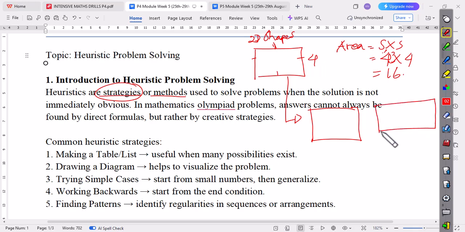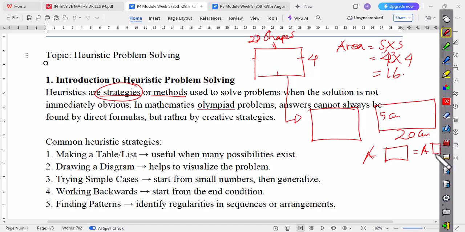They give us the information that this rectangle has a length of 20 centimeters and the width is 5 centimeters, and another piece of information that the area of the rectangle is the same as the area of the square.